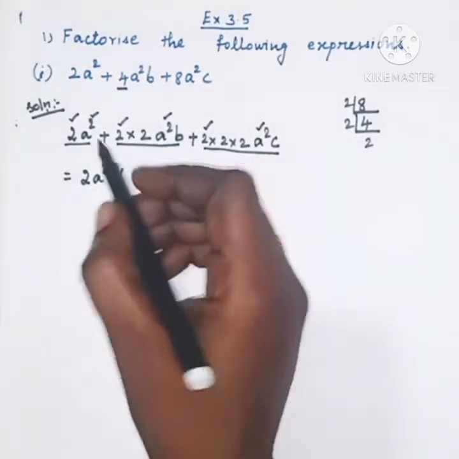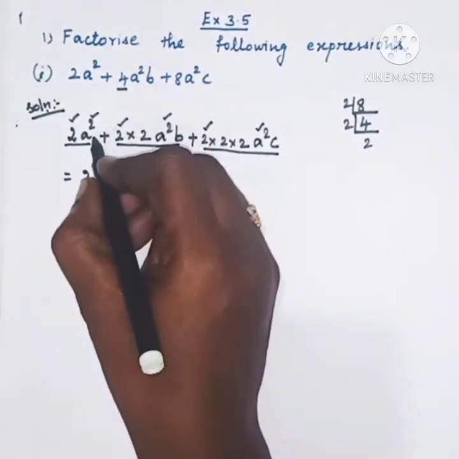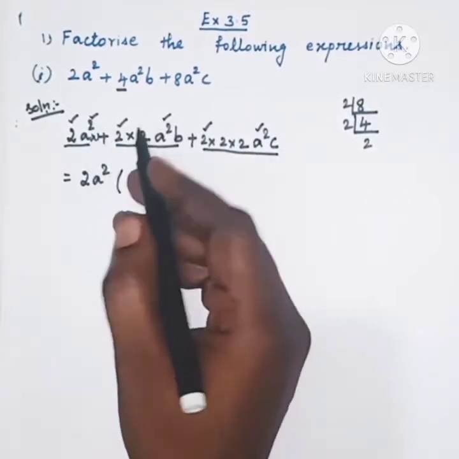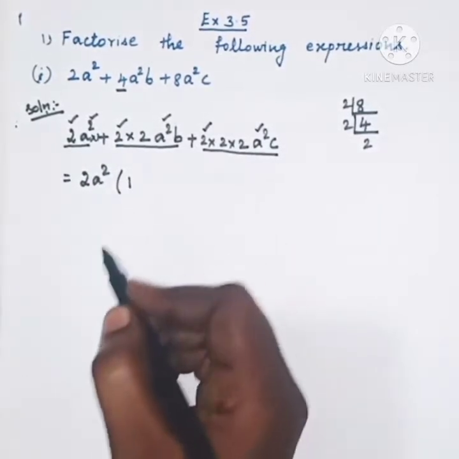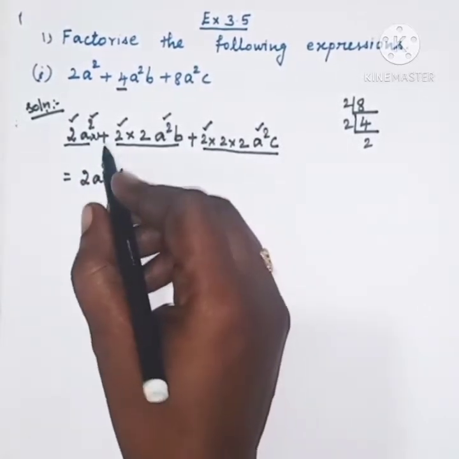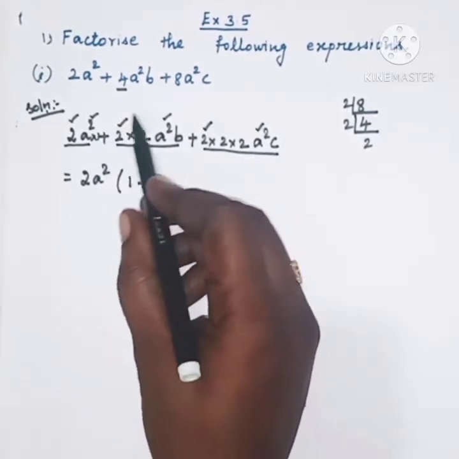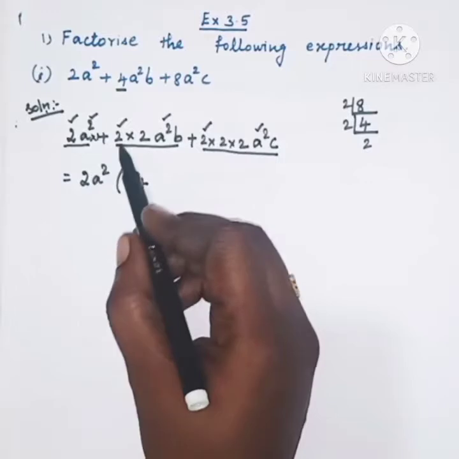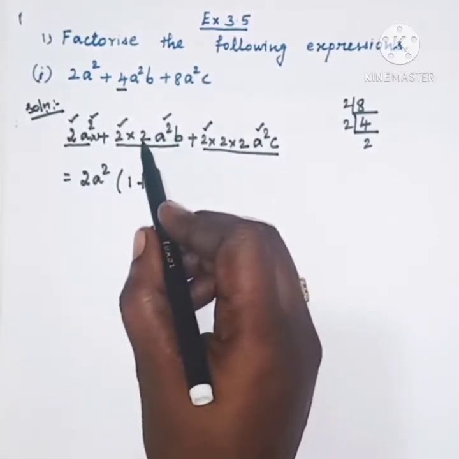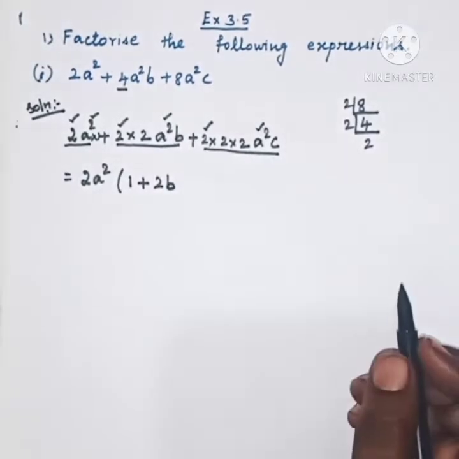So here we took 2a square outside the bracket. 2a square can be written as 2a square into 1 also, and 2a square into 1 is 2a square. So here we should put 1. And then the plus symbol we have here, so put plus as it is. In the second term we already took 2a square outside, so the remaining terms are 2 into b, that is 2b, so write that as it is.